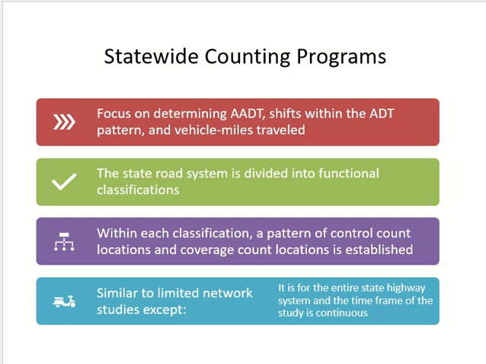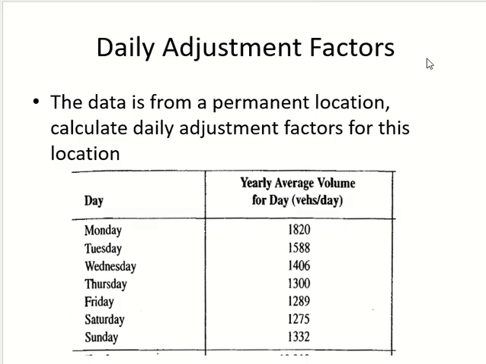Okay, last time we covered the statewide counting program. We did some examples with the calculation of adjustment factors for different days of the week and different months of the year, using the permanent control count as well as major control count.